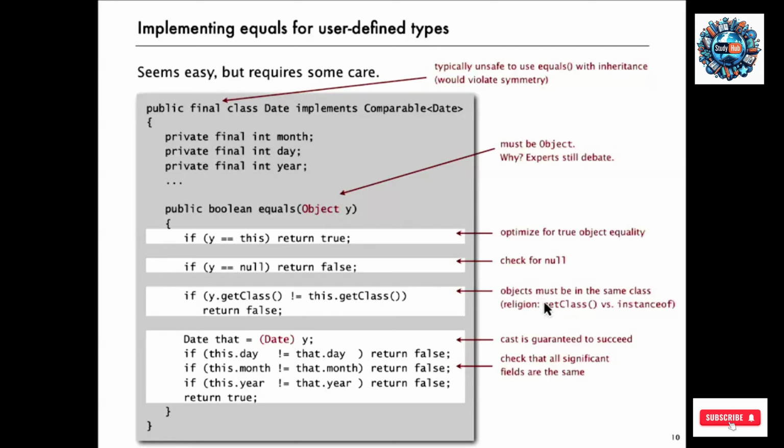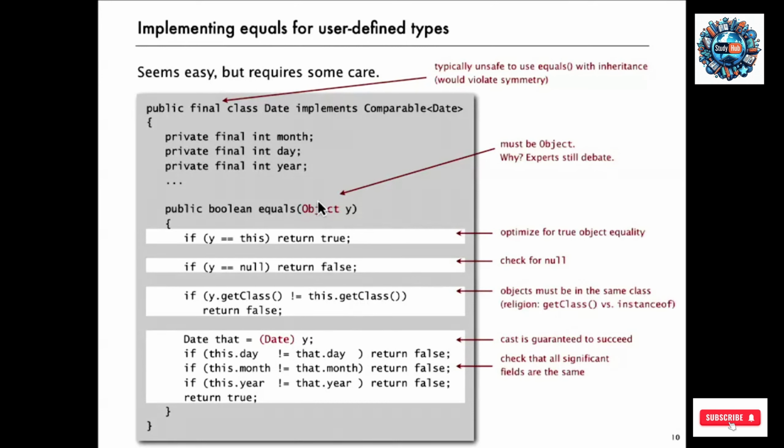They have to be in the same class, and there are a couple of different ways to check that, which is another religious debate that we'll ignore. We'll use getClass, and that has to work, or they'll get an exception in this later code.